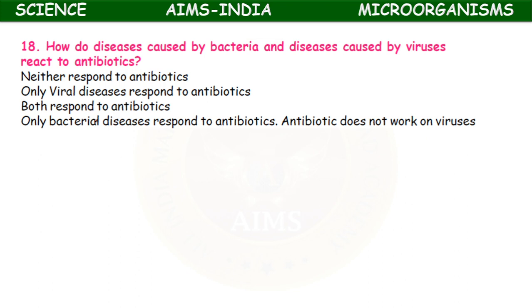So here the options: neither respond to antibiotics, or only viral diseases respond to antibiotics, or both respond to antibiotics, or only bacterial diseases respond to antibiotics and antibiotics do not work on viruses. Okay, so here option 4 is correct. Antibiotics work on bacteria, so they don't work on viruses.